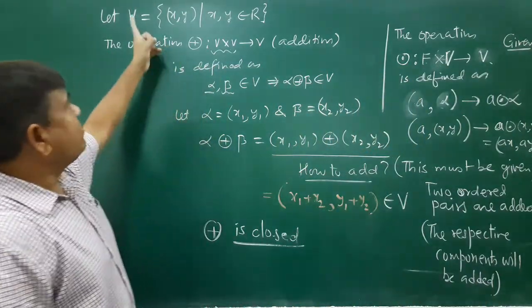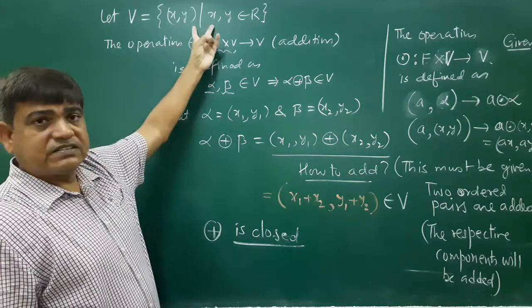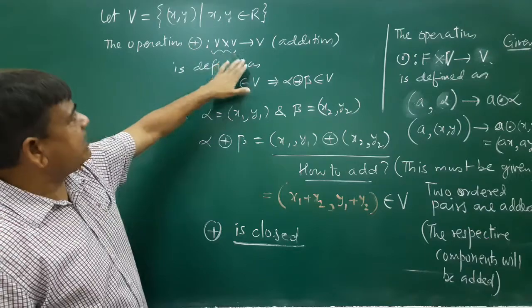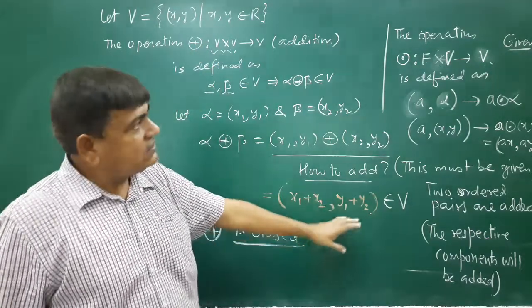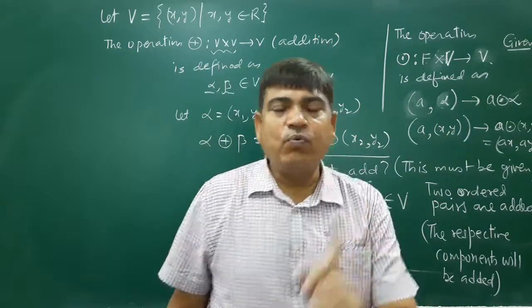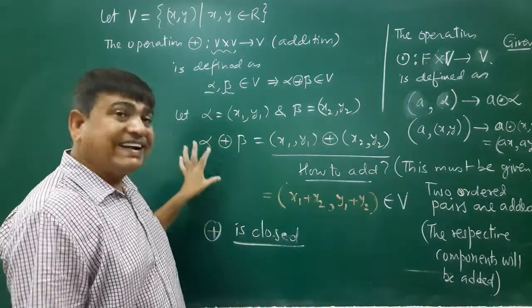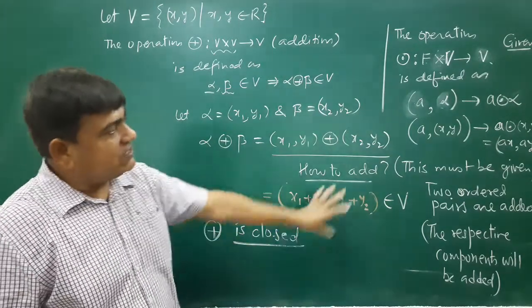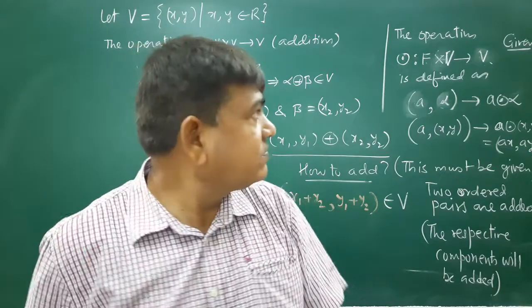So, if V is a set having this, operation on V is defined like this: how to add and how to multiply a vector, that is scalar multiplication. So, what is the definition of addition of vectors and what is the definition of scalar multiplication of a vector?